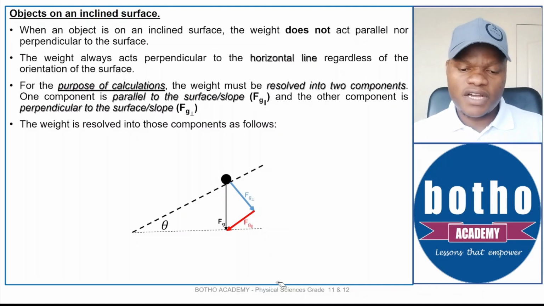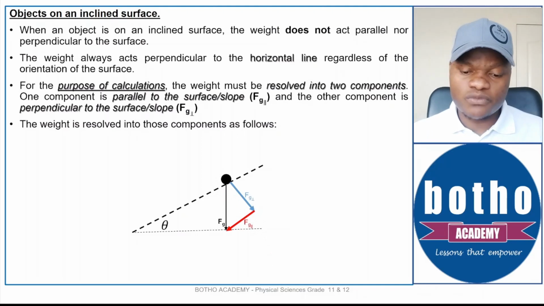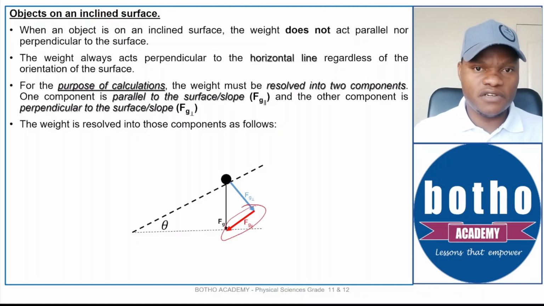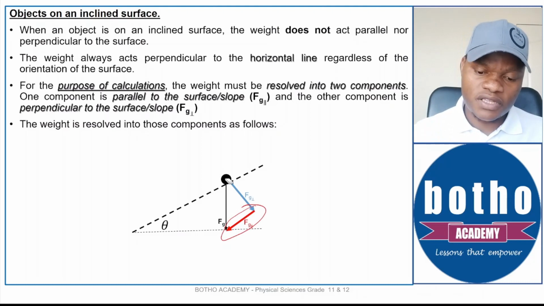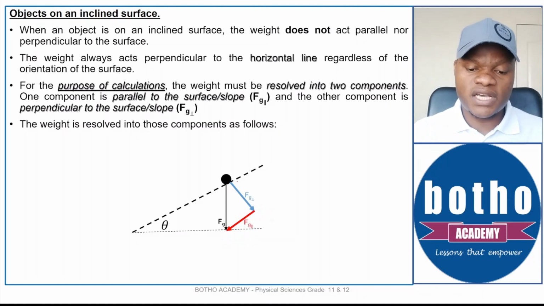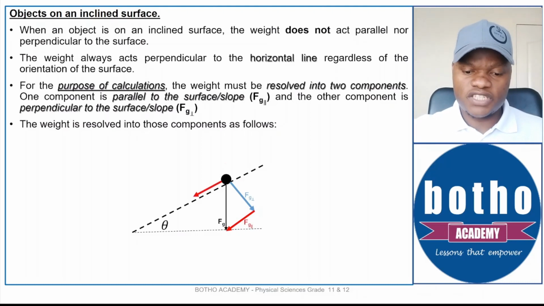But for the purpose of calculation and drawing of free body diagrams, we know that when we draw a free body diagram, all the forces, including this one, must be drawn starting from the object, being the dot on top of the surface. Remember, when we use the parallelogram method, we can draw all the tails from the same origin. So I'm going to move this vector and duplicate it.